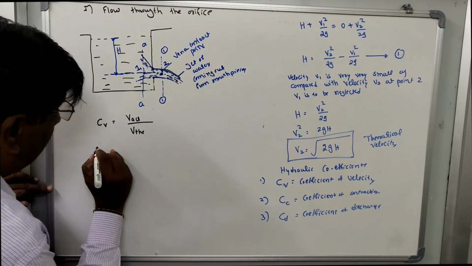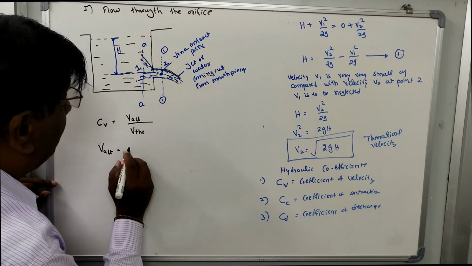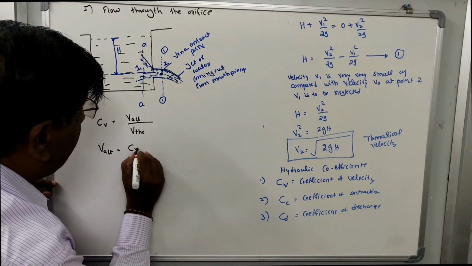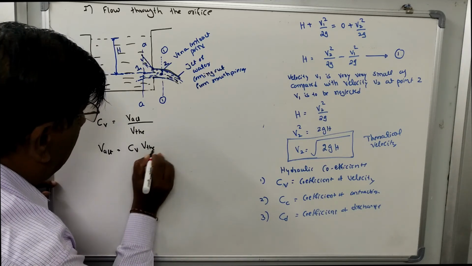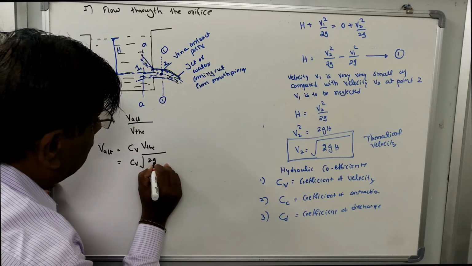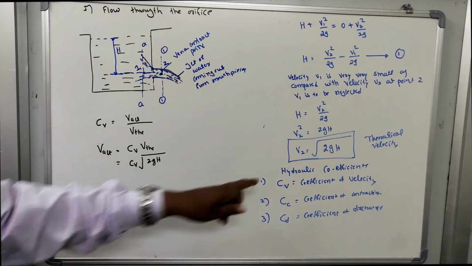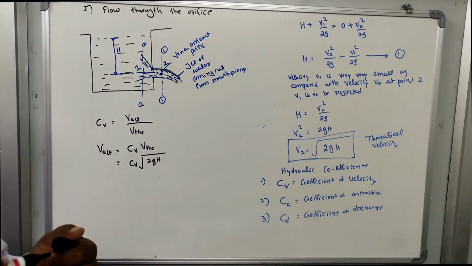So V actual, the velocity coming out through the orifice, is CV times V theoretical, or CV times square root of 2GH. We already derived this as the theoretical velocity.